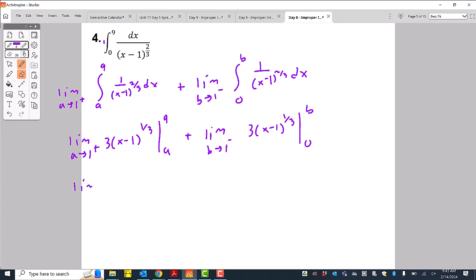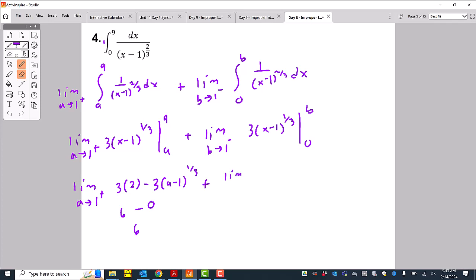So let's look at this one. Limit as a approaches 1 from the right of 3 times 9 minus 1 is 8. 8 to the 1/3 is 2. Minus 3 times a minus 1 to the 1/3. 3 times 2 is 6 minus, we can plug in this 1 here and it's not an issue, so we have just 0, and that gives us 6.